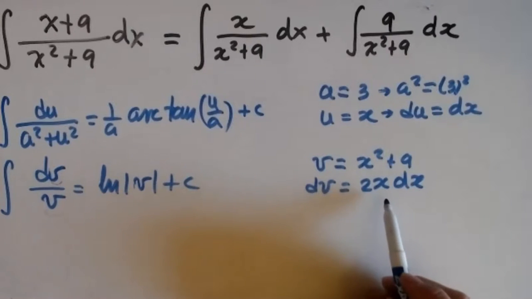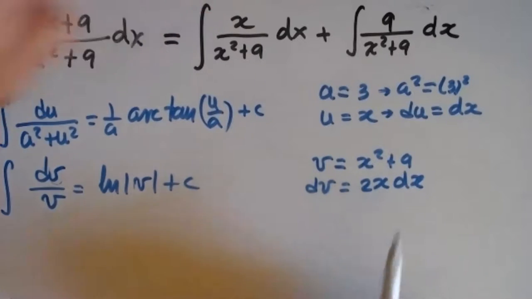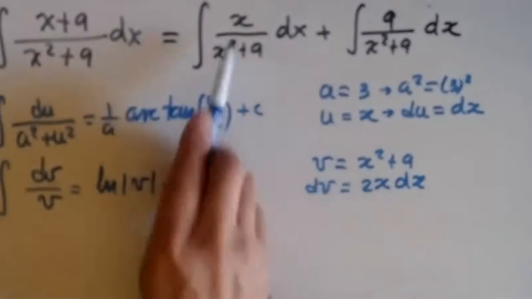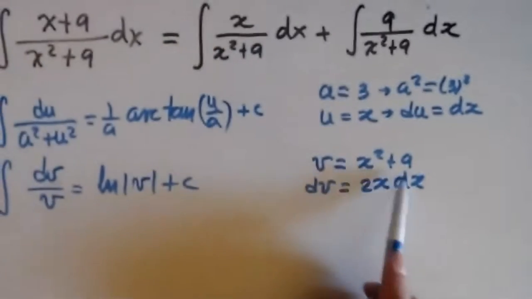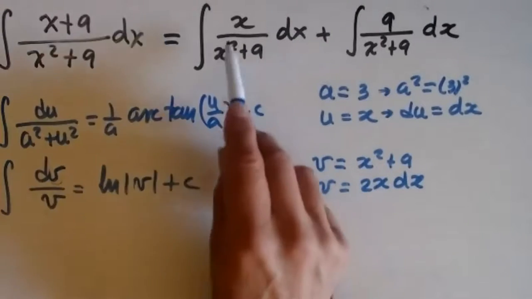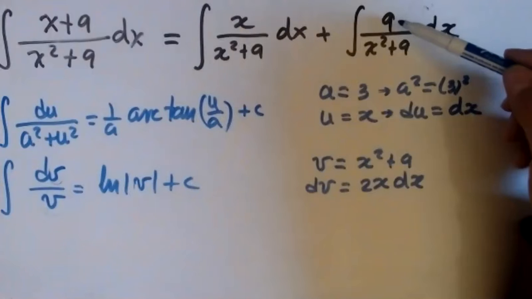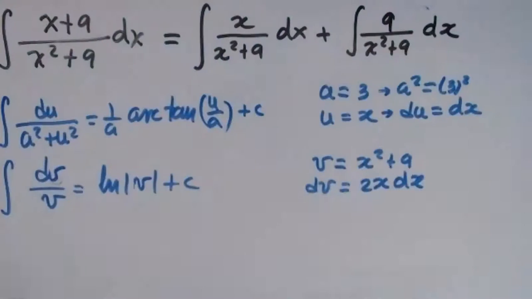Only this because the derivative of the 9 is 0, so it's just 2x dx. So I see what I need. You see here, for this one, I need a 2. X dx is right there. X squared plus 9 is over there. So this needs half and 2. And here, you only need to push this out from the integral. So I'm going to do that.